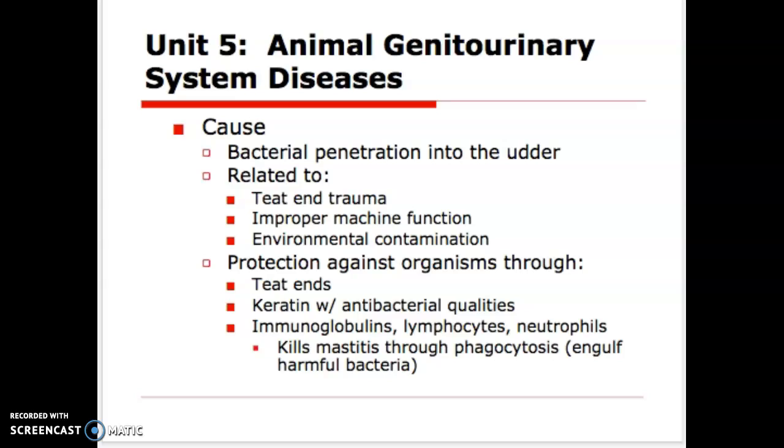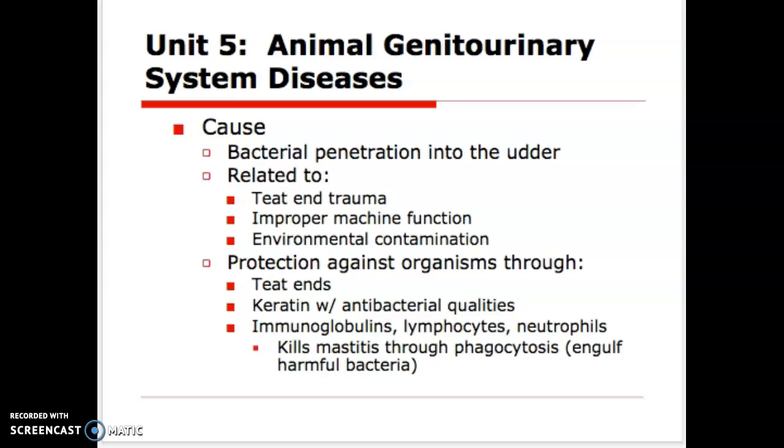Again, caused by bacterial introduction into the mammary system itself, into each quarter or gland. It's related to a number of different things, whether it's teat-end trauma, infected milk, improper machine function, dirty environment.